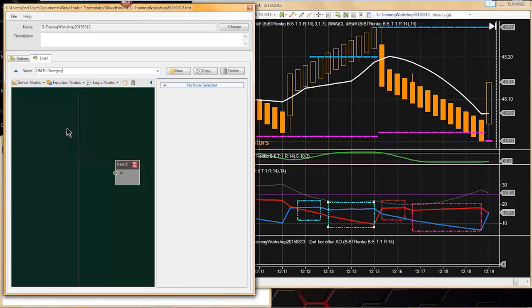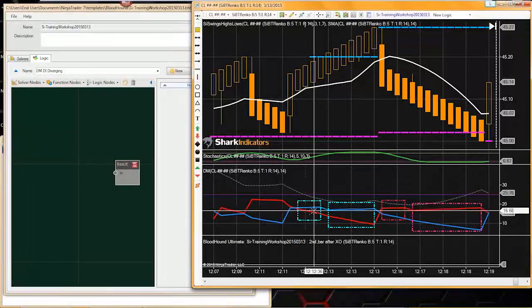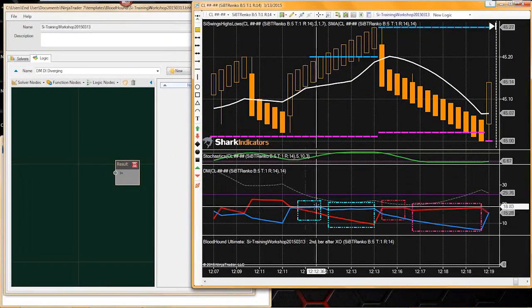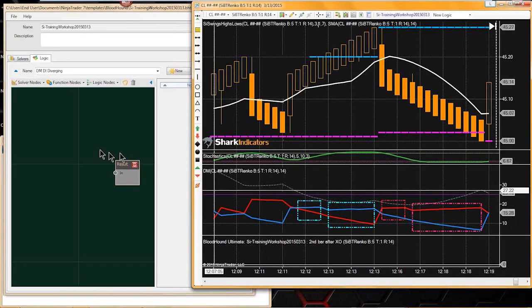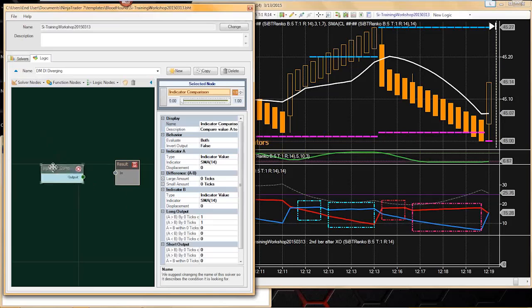So it's a subtle difference in the word, but a huge difference in the definition. All right. So diverging means we're just looking for the DIs to be separating apart. All right. So the first thing that we want to know is, what is the trend direction?